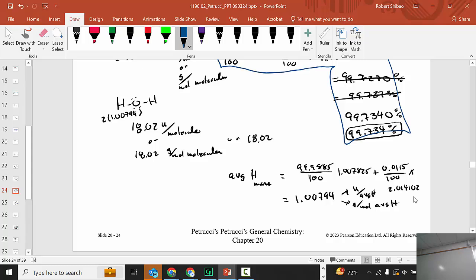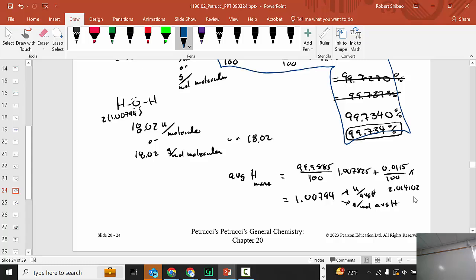To figure out the mass of the average hydrogen atom, we take the natural abundance, either decimal or fractional abundance of H1. H1 weighs 1.007825, and then the fractional or decimal abundance of H2 times the mass of H2, which weighs 2.014102 U, and then we end up with 1.00794.